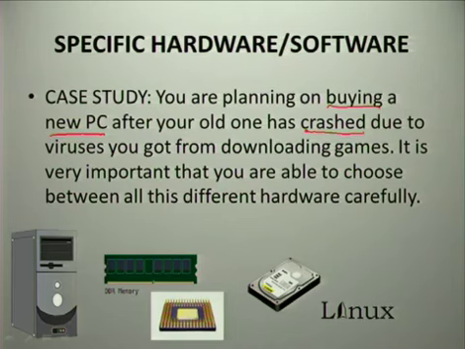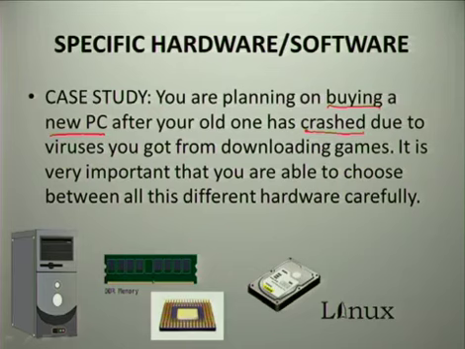Now, it is very important that you choose between all these different types of hardware carefully, because you can get a lot of different hardware, but you find that they don't really serve your purpose in terms of your computer use. There are different types of hardware, but the basic ones that are really important would be these three: your RAM, your CPU, as well as your hard drive.